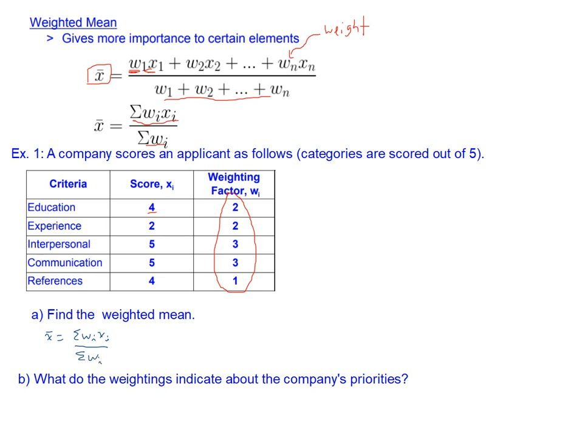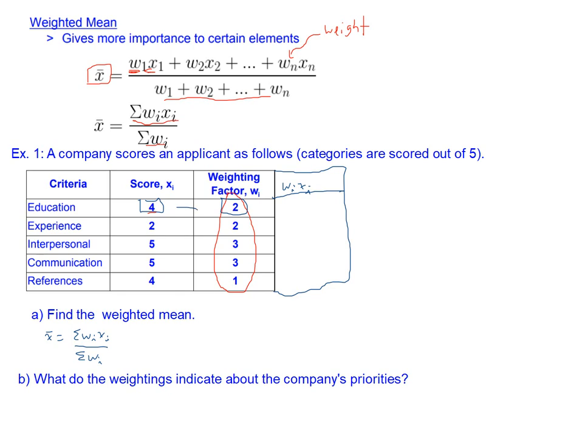So we have our scores, we have our weights. I'll just add in an extra column that is the weights times the x values. So we'll just call this wi times xi. So this is where we're going to multiply these two values.